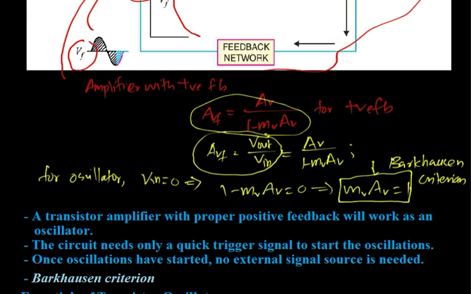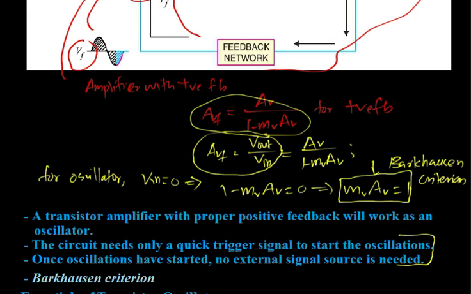That is, once the oscillations have started, no external signal source is needed. I told you this is achieved by using a tank circuit. So the initial triggering is achieved by using an oscillatory circuit or tank circuit. And also another thing is that it should meet the Barkhausen criterion, that is MV AV should be equal to 1.